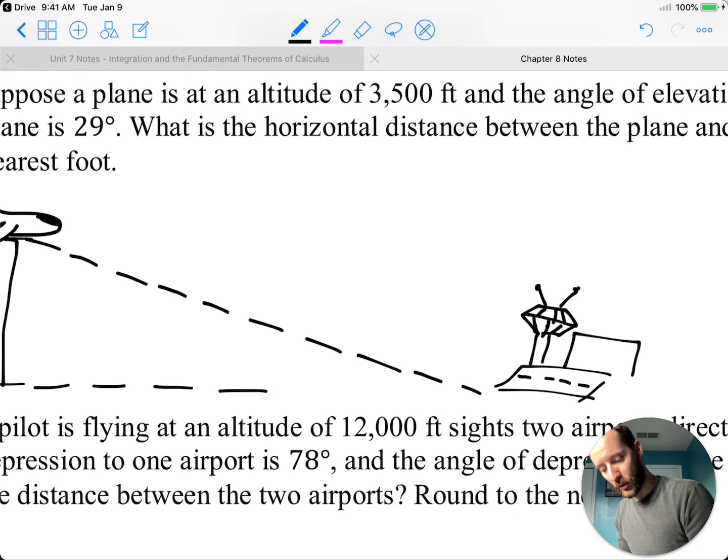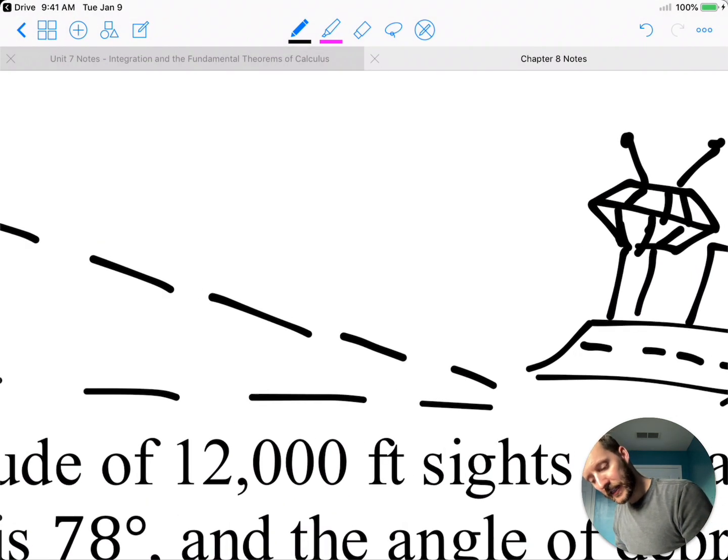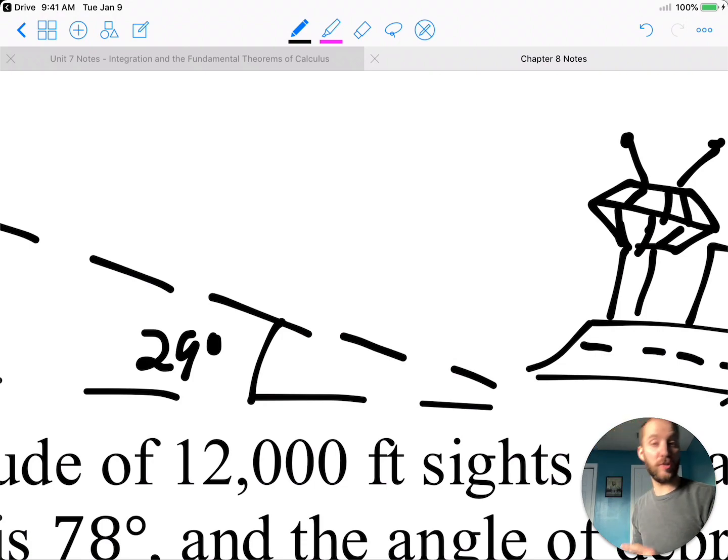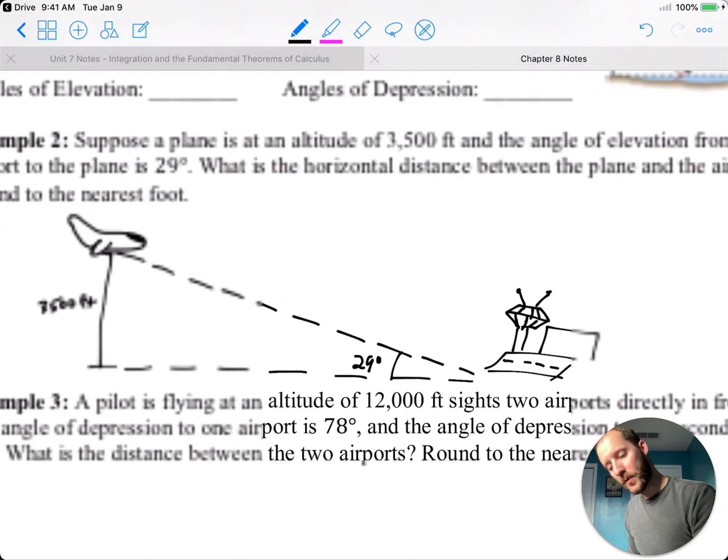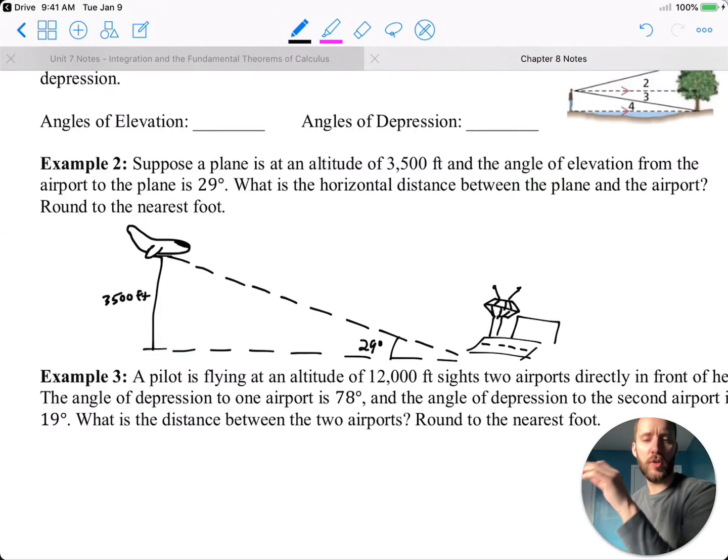Then we have the horizontal also. And that angle in there is 29 degrees. Alright. So this drawing is only the given information that we got. Okay, so just taking the writing, making a visual out of it.